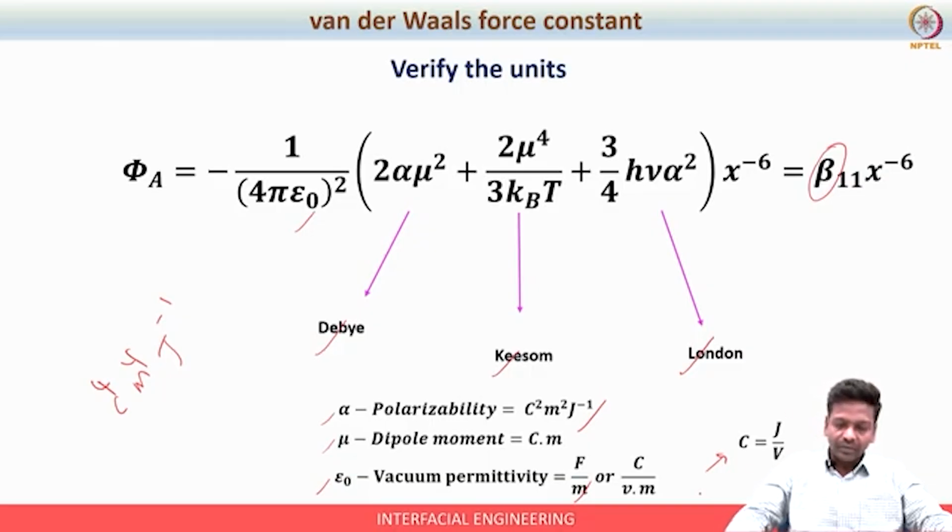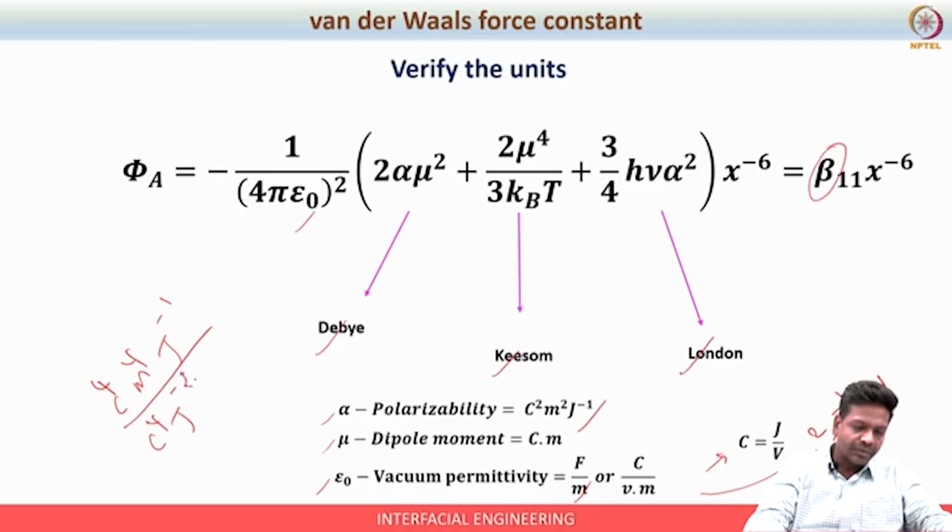So you can also write this equation in terms of coulomb. If you replace volt with coulomb and joule, you will have coulomb square, joule power minus 1 and meter power minus 1. Because we have epsilon naught square, this will be coulomb power 4, joule power minus 2 and meter power minus 2.